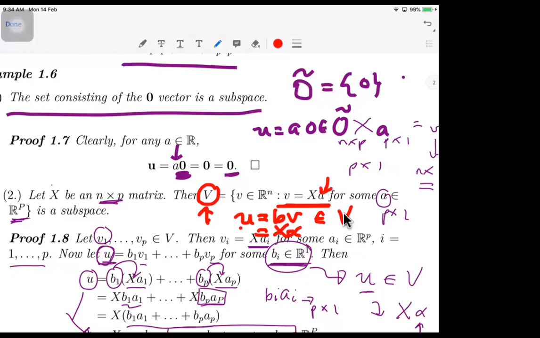So you can rewrite U as X alpha, which is an element of V. So any set of vectors of the form Xa is a subspace.